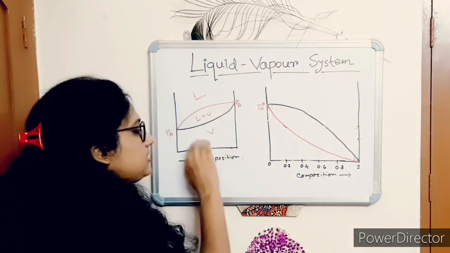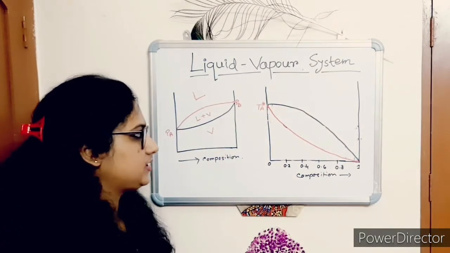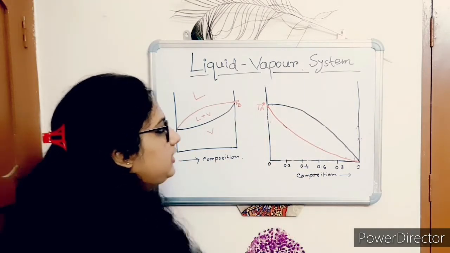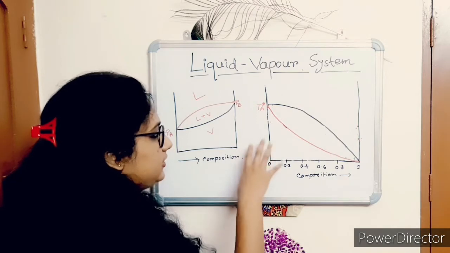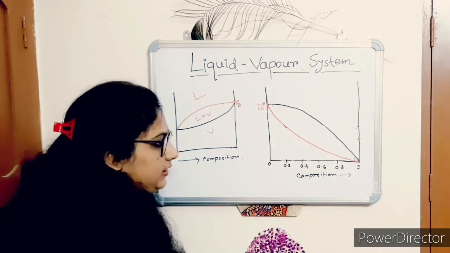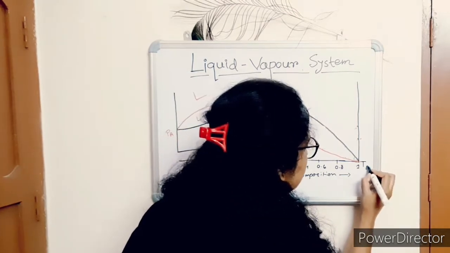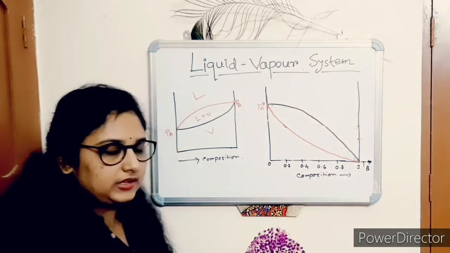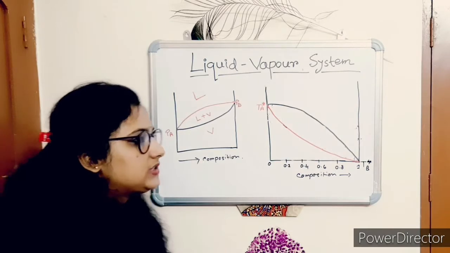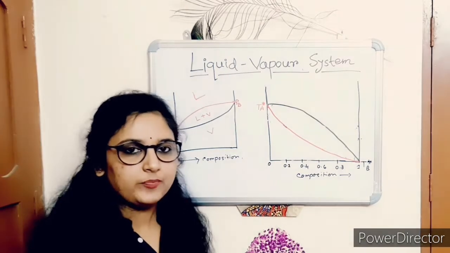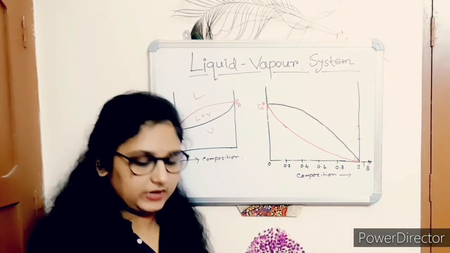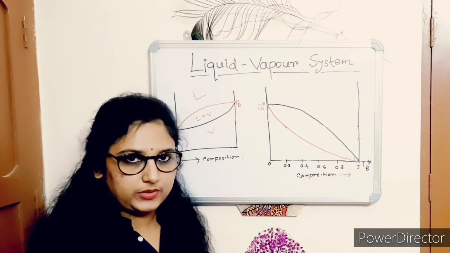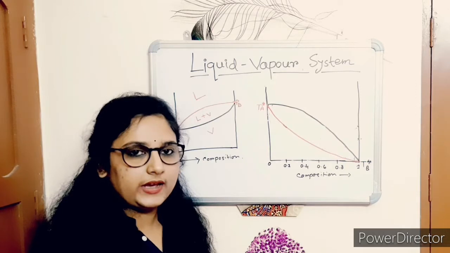This is the phase diagram of this type of system, and when you keep the pressure constant, you get a phase diagram like this. And this is TB star, and this is TA star. Another thing is that the constituent which has more vapor pressure will have less boiling temperature, and vice versa.